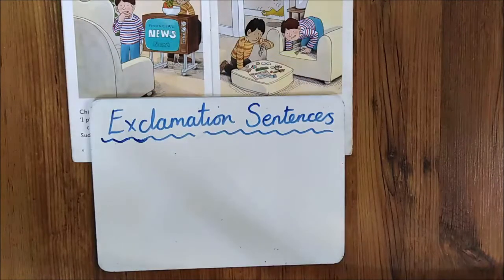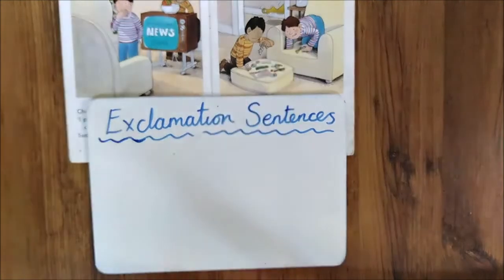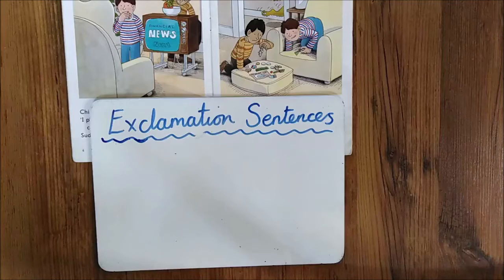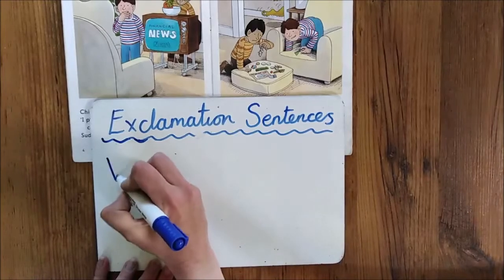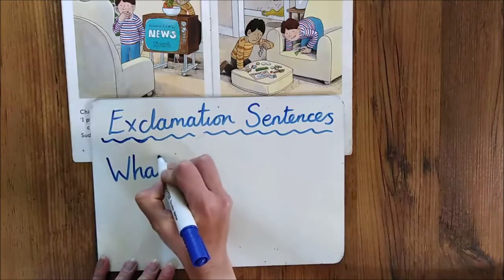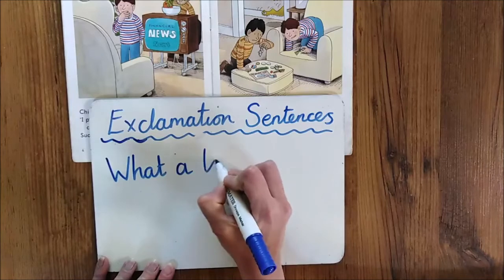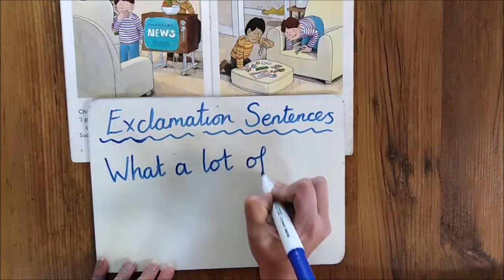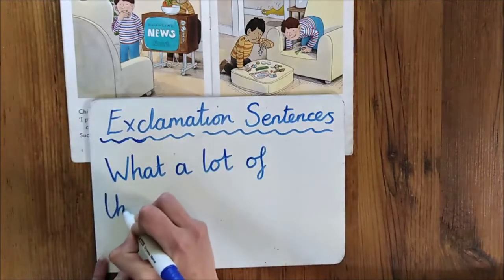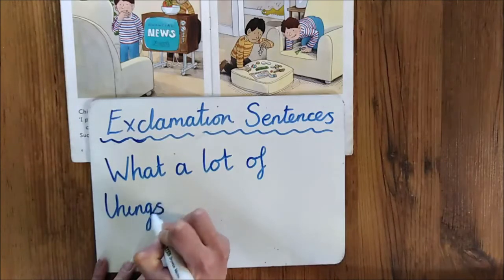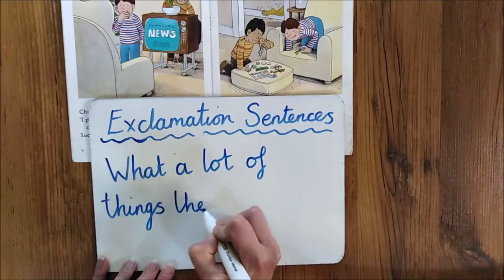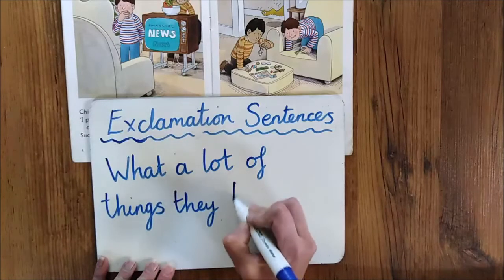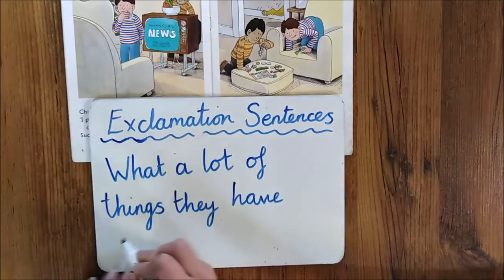So I'm going to have a look at this picture and think of an exclamation sentence that I can write. So Nadim and Chip look like they found lots of things under the cushion on the chair. So I'm going to say, what a lot of things they have found.